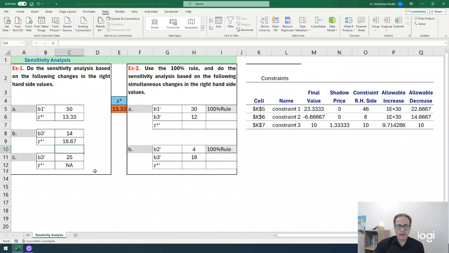And in the test, students are not allowed to solve the problem again. And even if they are allowed, they don't have the problem. We don't know what the original problem is. But in this case, we are just checking our answer. We want to see whether if I change this 10 to 14, am I going to get this 18.67 or not?